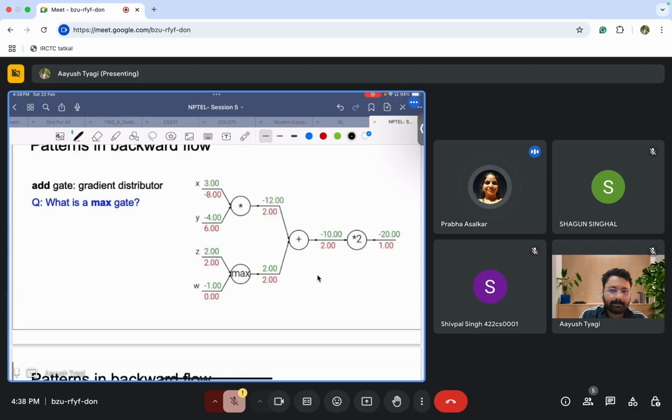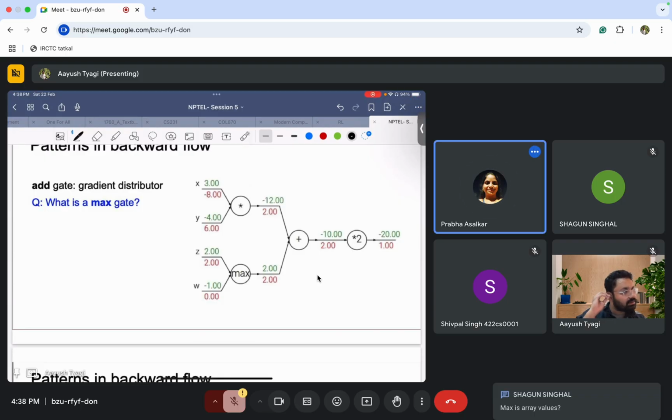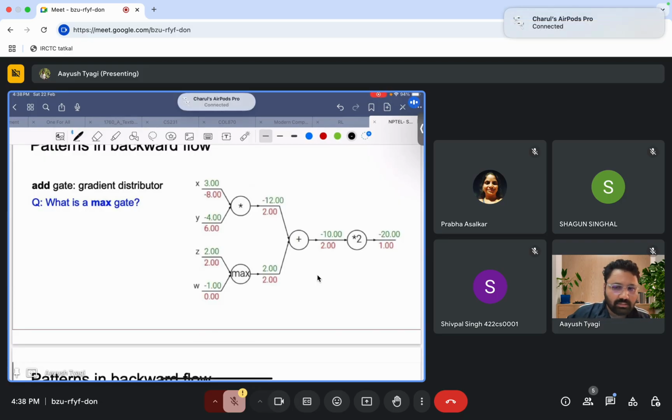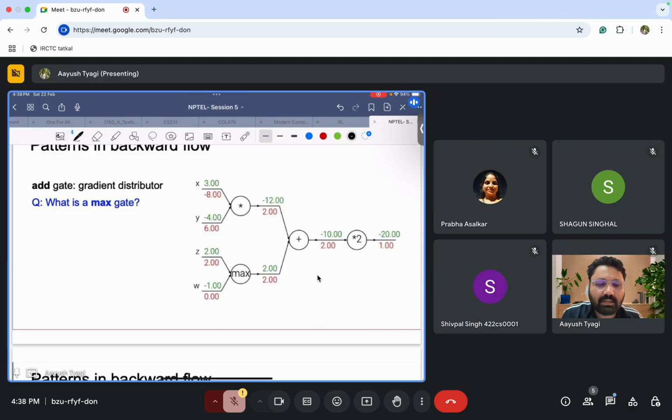Anyone? Max is the array value, no, right? Maximum is basically, it can be an array value, but how does the backpropagation take place from the max operator?